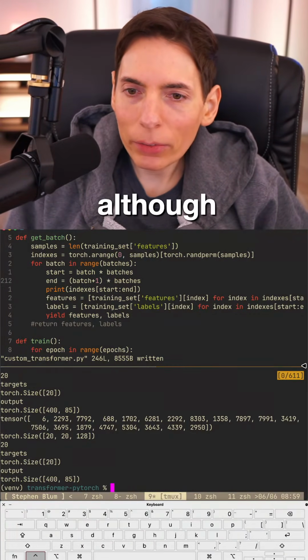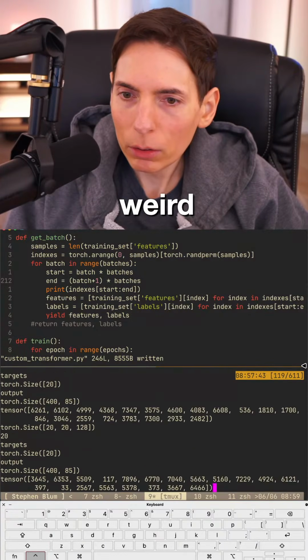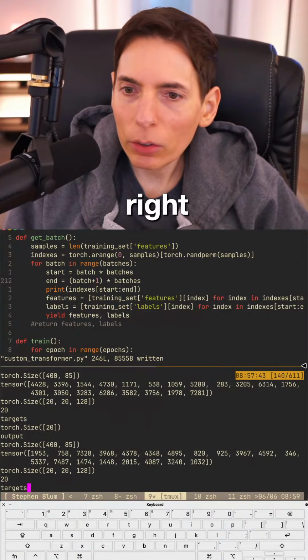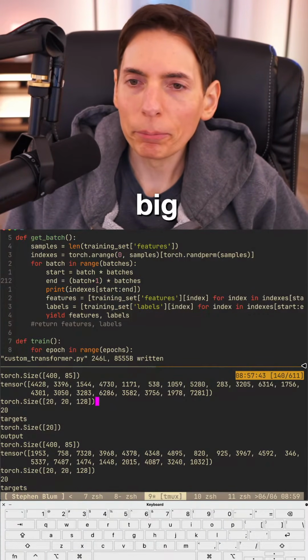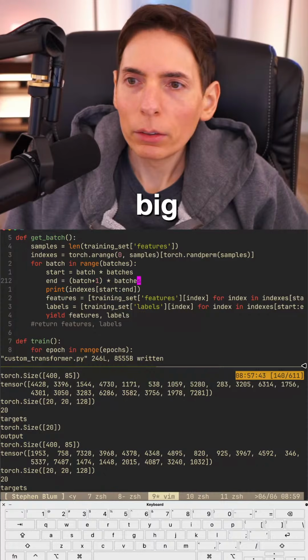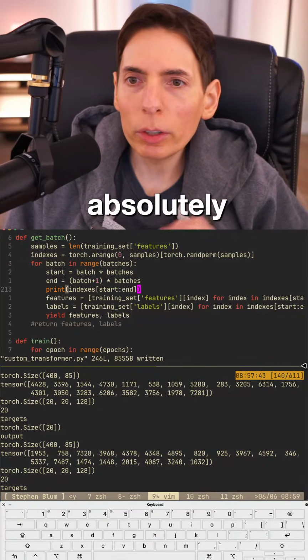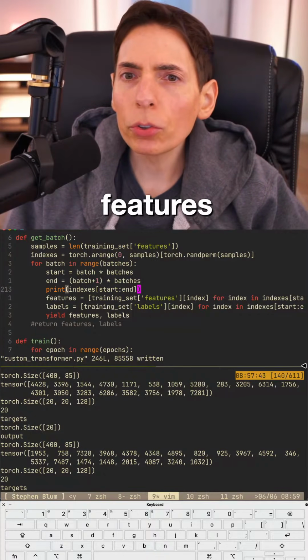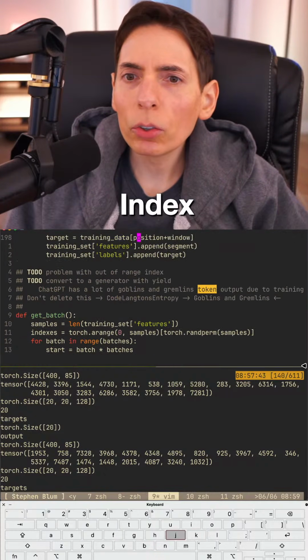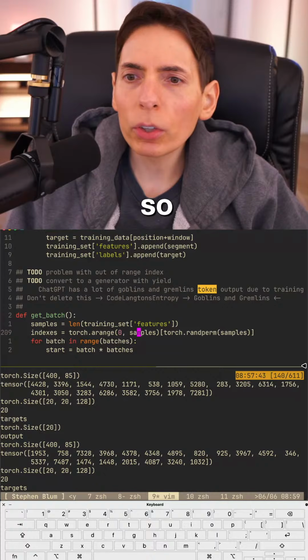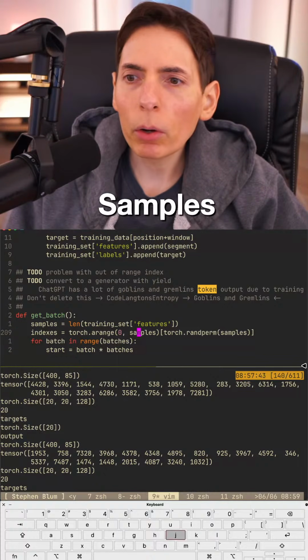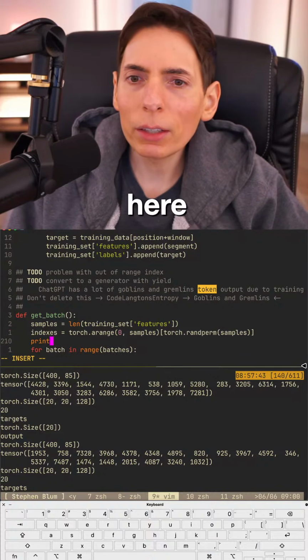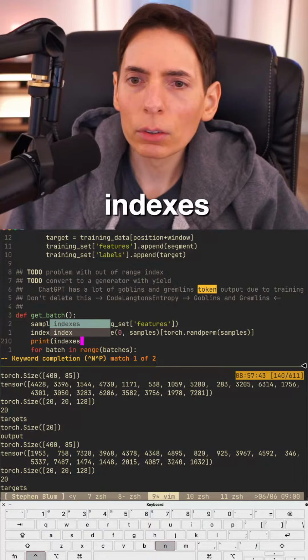We're doing AI, although our numbers are very weird. That cannot be right. They're too big. They're way too big. It's broken. That is absolutely broken. Samples, features, index. So, one second. Samples, yep. All right, so we're random permuting. Here, print indexes.